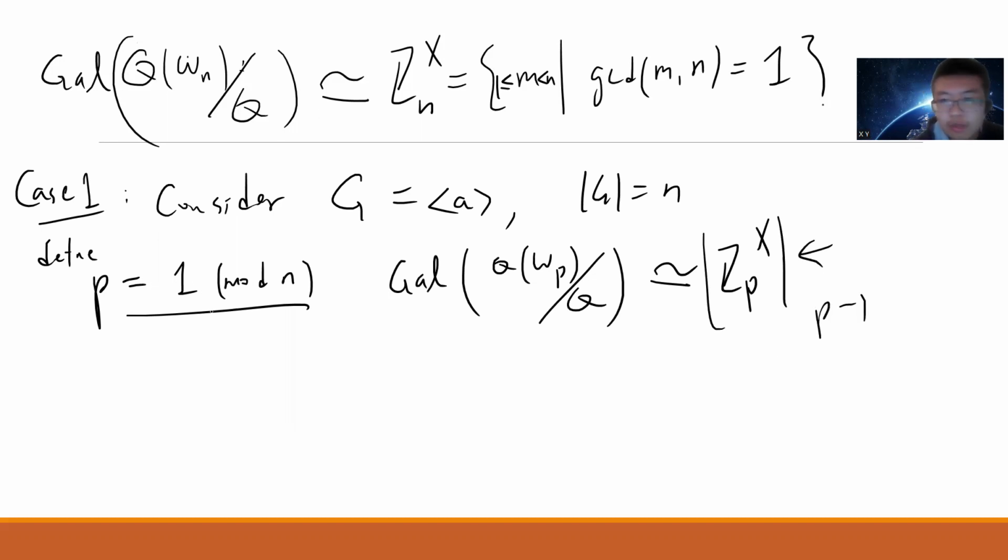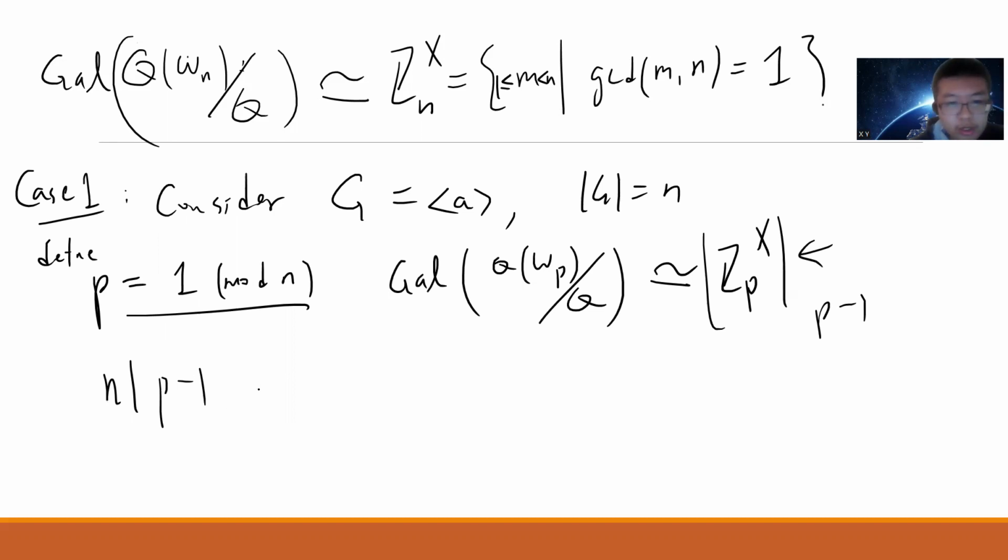Since p is 1 mod n, n divides p minus 1.